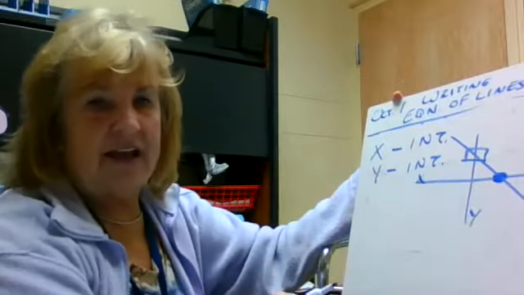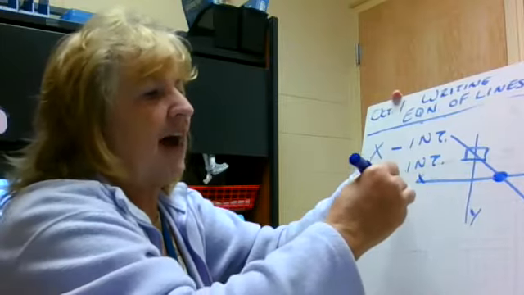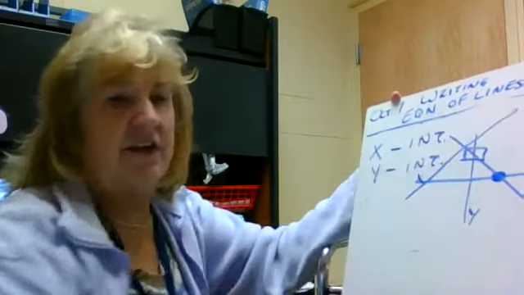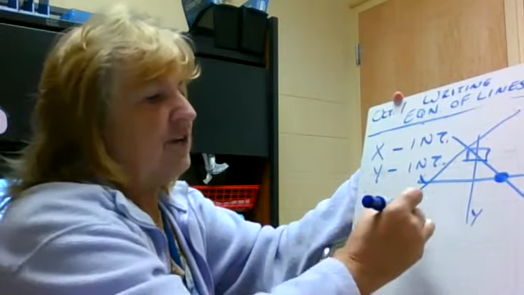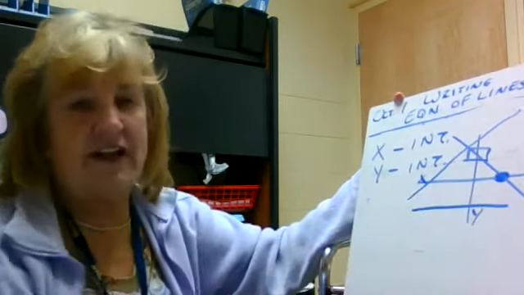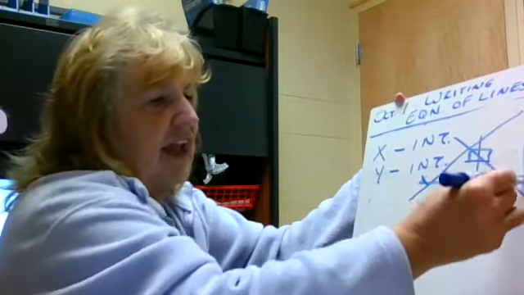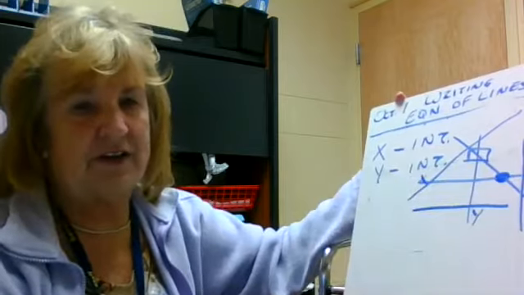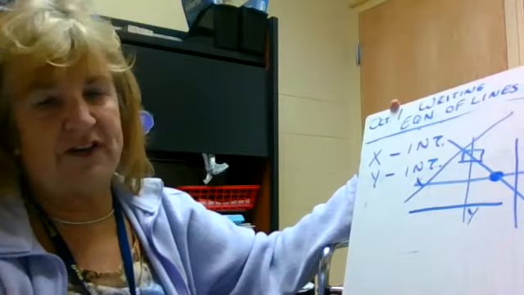Negative sloped lines will have two intercepts. Positive slope lines will have two intercepts. Horizontal lines only have one intercept. And vertical lines have only one intercept. So those are just some other characteristics of lines.